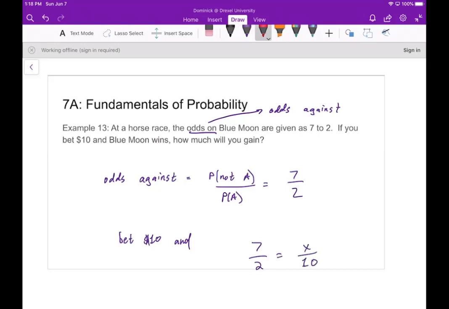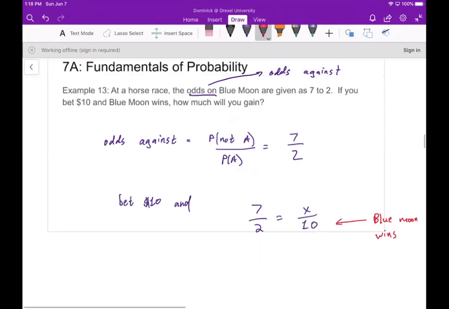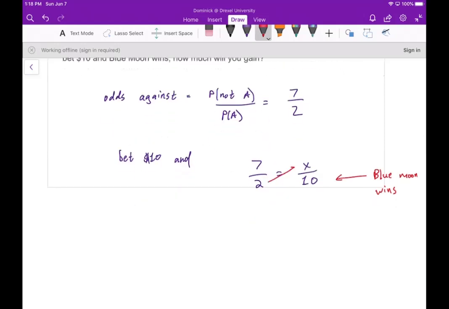Because both of the events in the bottom represent when Blue Moon wins. Right? So now we need to capitalize on the 7 here. So when we cross multiply, we're going to get 2x is equal to 70. So then we get x is equal to 35. So if we bet $10 and this horse wins, then we would win $35.